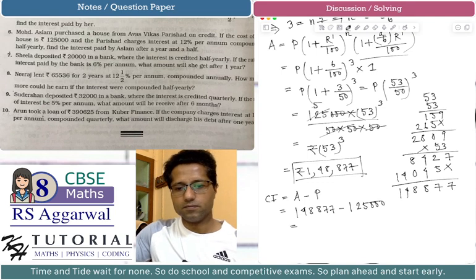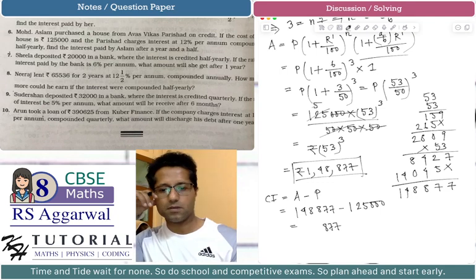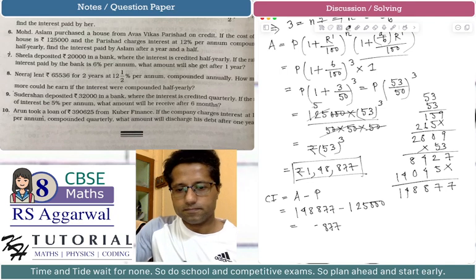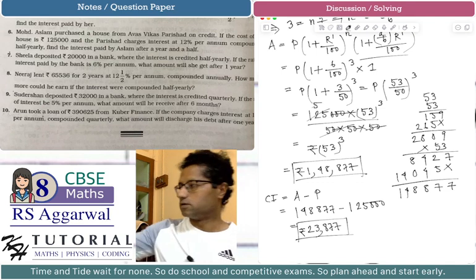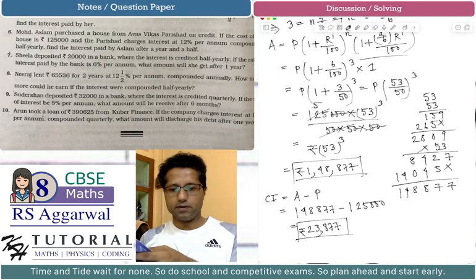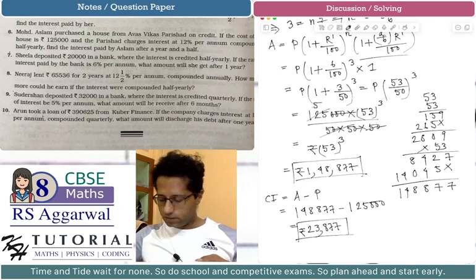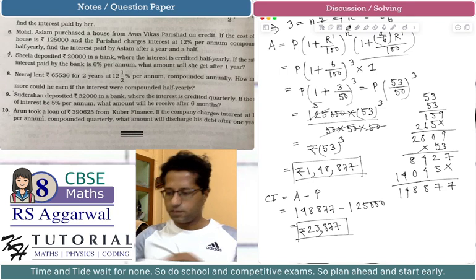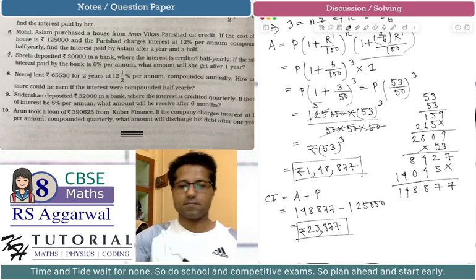This is equal to 23,877. So the compound interest is 23,877 and the interest paid by Aslam is 23,877. This is problem number 6. 23,877 is the correct answer. Okay.